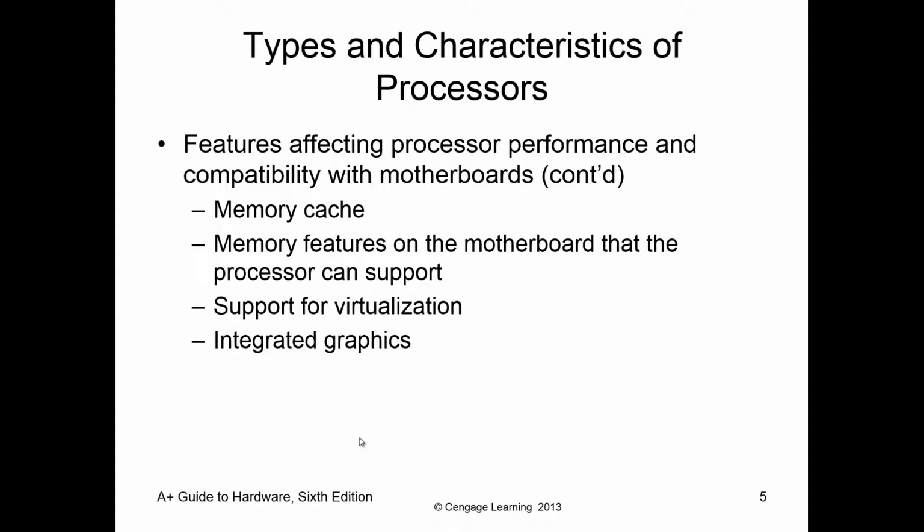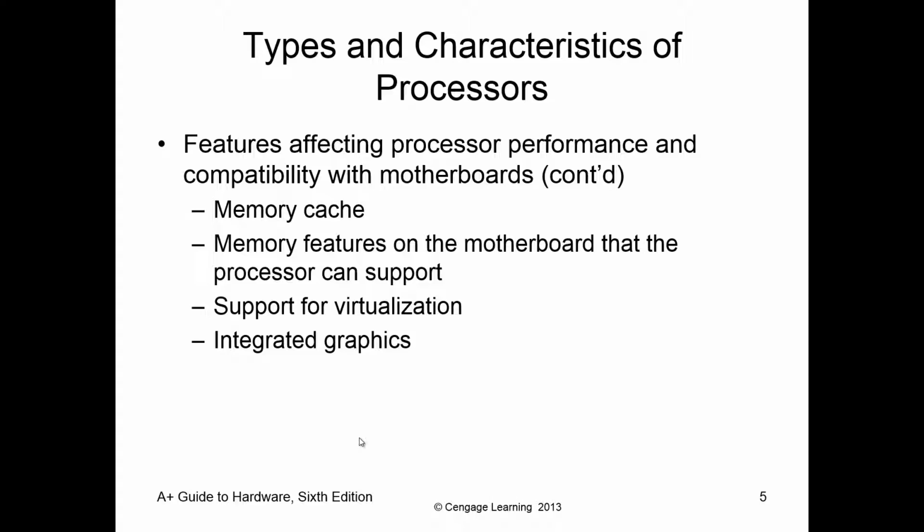Some of the features that may affect the processor's performance are the memory cache, which is how much fast memory is on the processor. That also includes the memory features that the motherboard supports, whether it has support for virtualization, or whether it has integrated graphics. That is, the processor actually does the processing of the graphics.